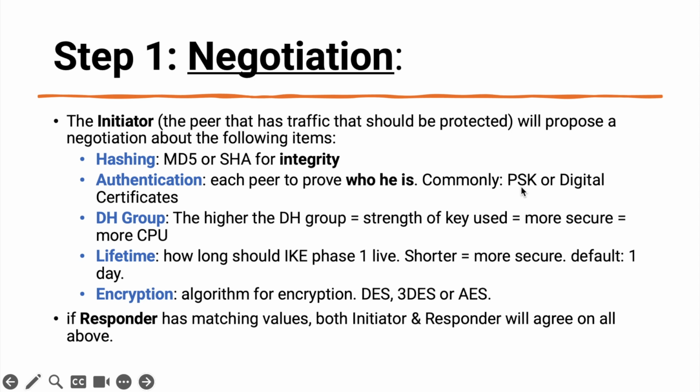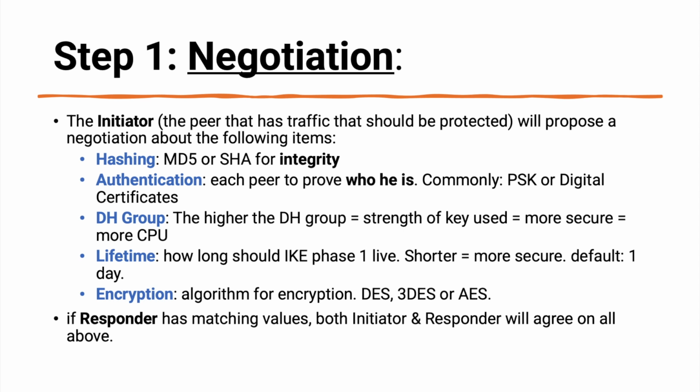password123. Now, password123 is going to have to be manually configured on the initiator and the responder. The DH group is the Diffie-Hellman group, and it's used to create the Diffie-Hellman key, to create the symmetric key on both sides.